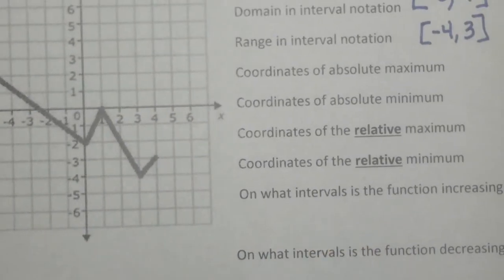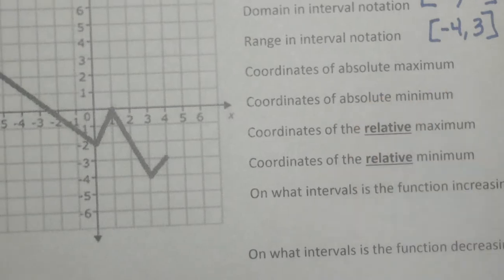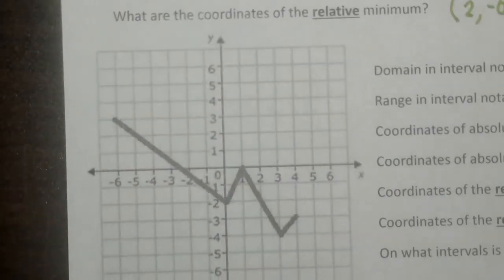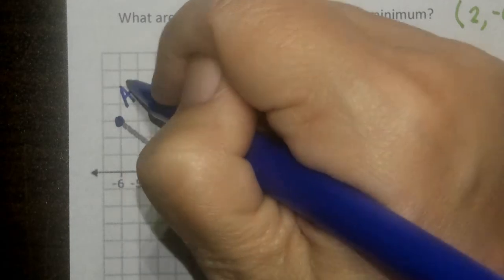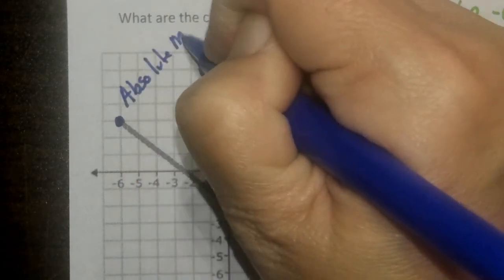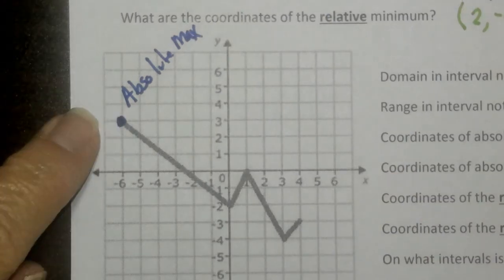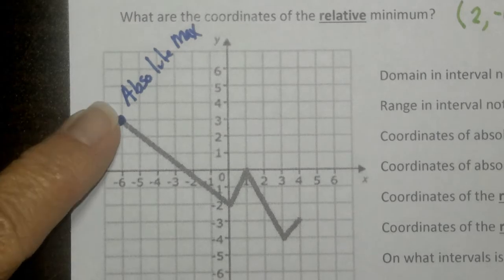All right, now we're going to talk max and min. We're going to start with the absolute maximum and the absolute minimum. So, absolute maximum, highest point on the graph, right here. This is our absolute maximum. So we want that ordered pair. So that's going to be -6, 3.